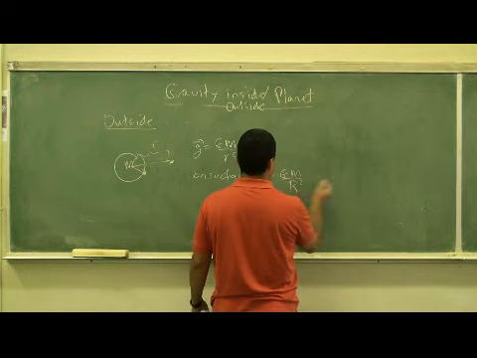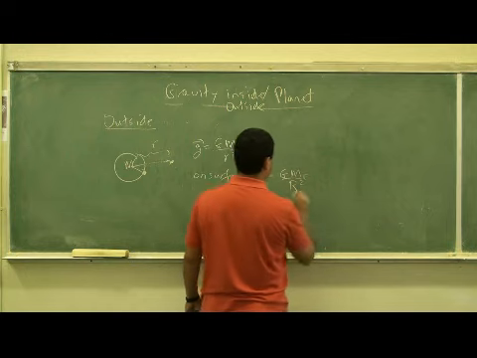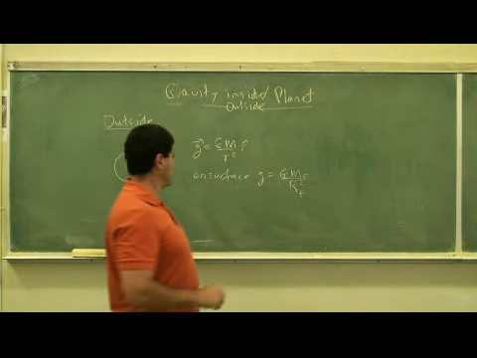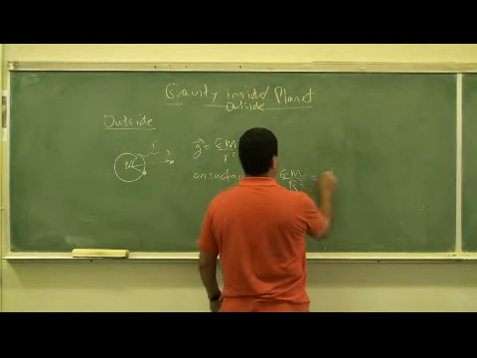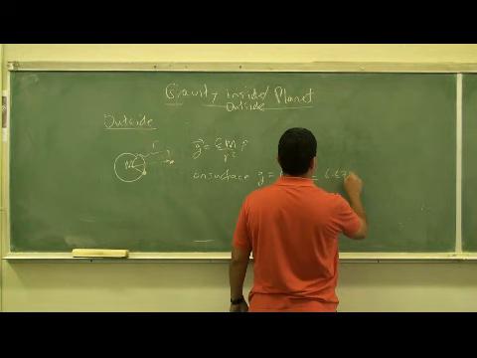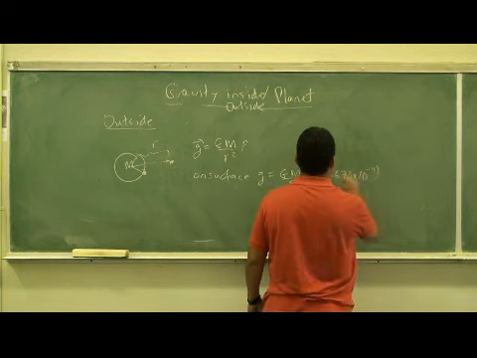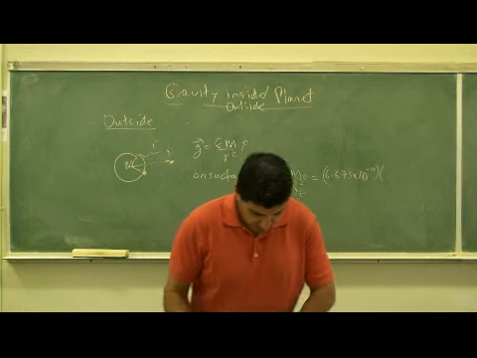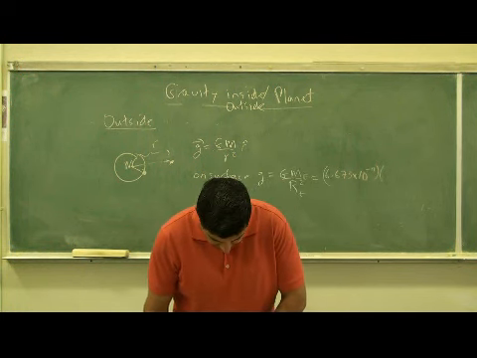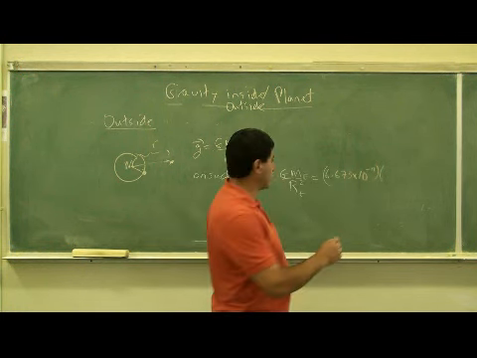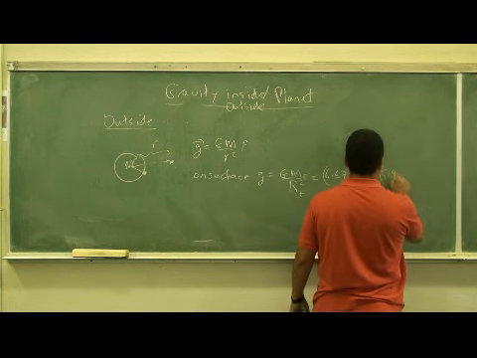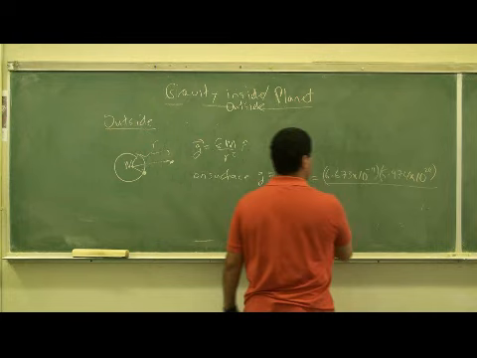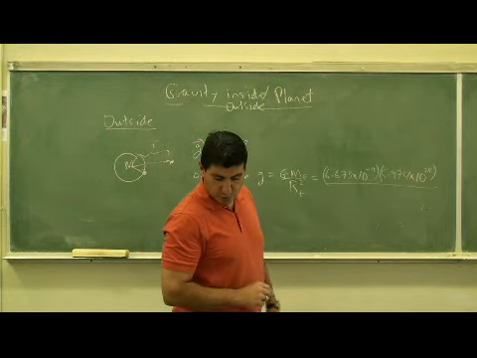So let's say we're calculating the G of the Earth. So if we do 6.673 times 10 to the negative 11, the mass of the Earth was, let's go back here, always checking, make sure we got it right, 5.974 times 10 to the 24, divided by the radius of the planet.